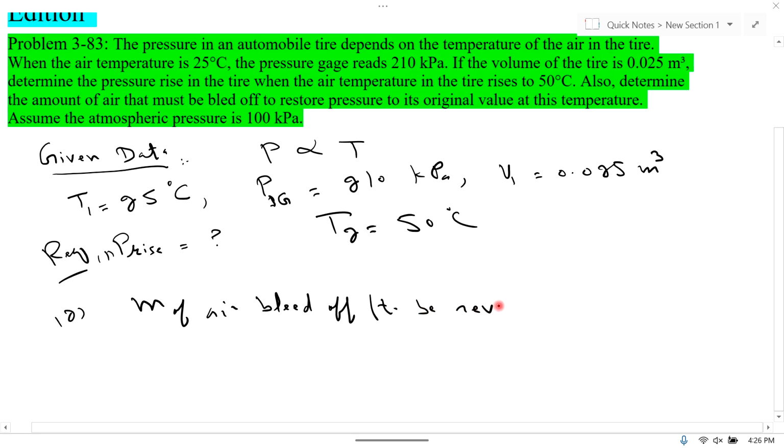Find the mass of air to be removed if the pressure is restored to the initial gauge pressure of 210 kilopascal. So one is the rise in pressure, second is the mass of air bled off if the pressure is restored to its initial gauge pressure of 210 kilopascal.